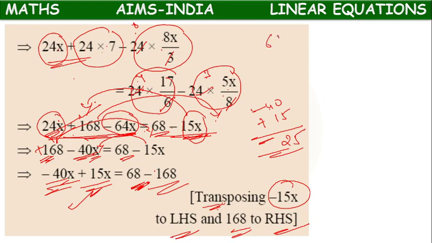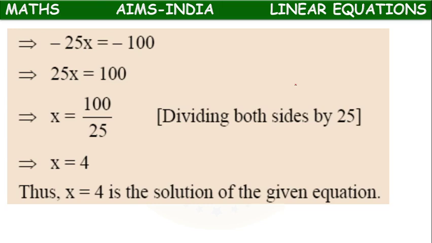Here 68 minus 168, the difference is 100, the bigger number has the minus sign, minus 100. So minus 25x equals minus 100.